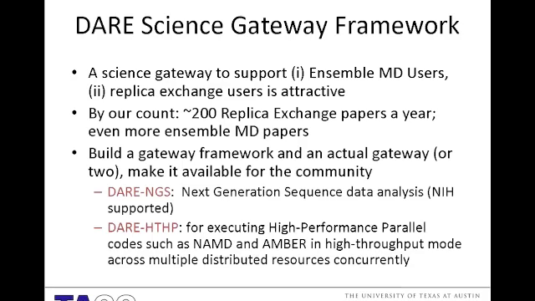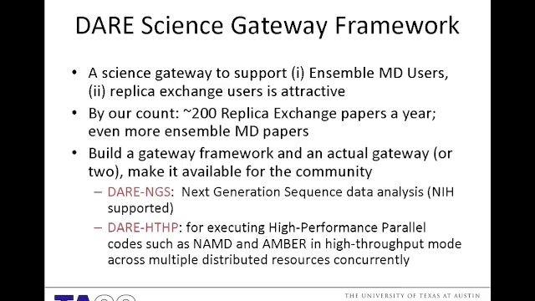All of this can take place through the Dare Science Gateway framework, which supports BigJob underneath and provides a very transparent, very easy-to-use interface for domain scientists. This is a Science Gateway framework that supports Ensemble MD users and Replica Exchange users. There are quite a few of those users around, so adding a Science Gateway interface to BigJob for them to use is obviously a good idea.